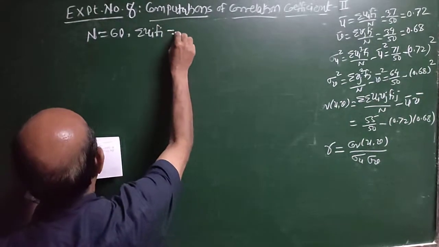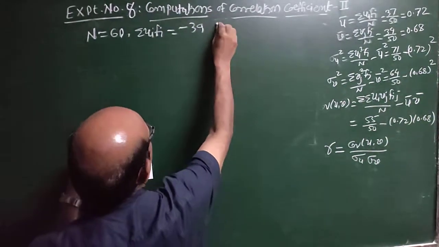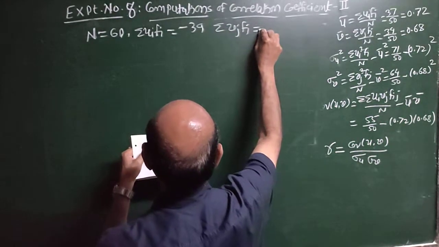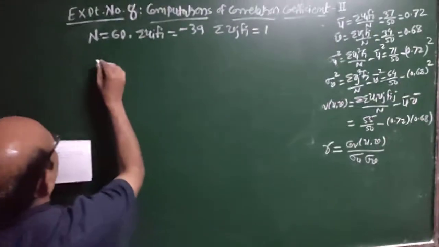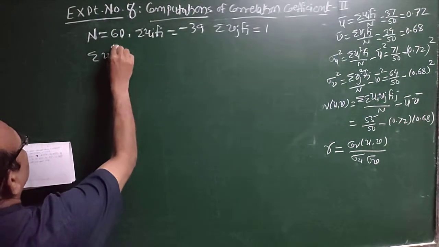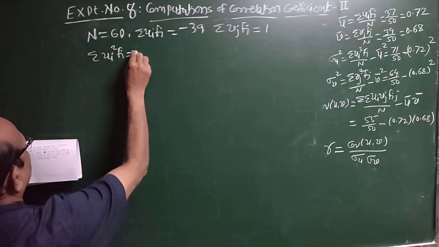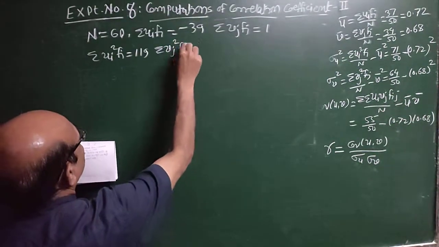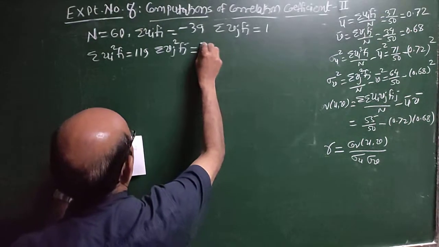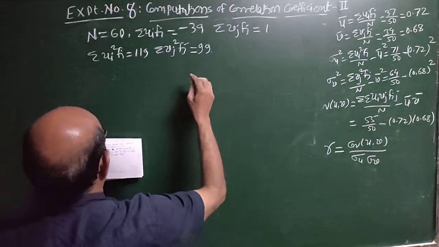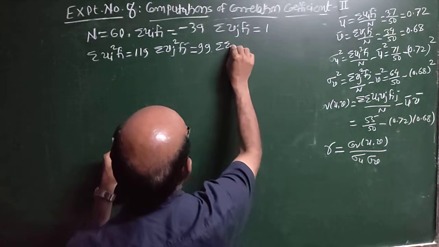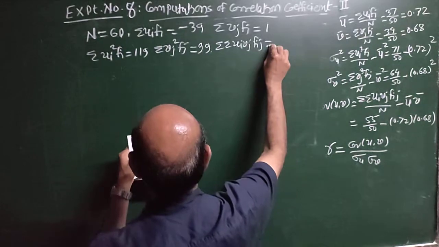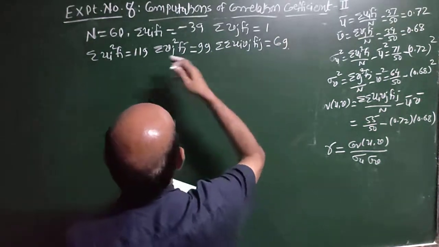Summation ui fi equals minus 39. Summation vj fj is equal to 1. Summation ui square fi is equal to 119. Summation vj square fj is equal to 99. And double summation ui vj fij is also given as 69. N is 60.